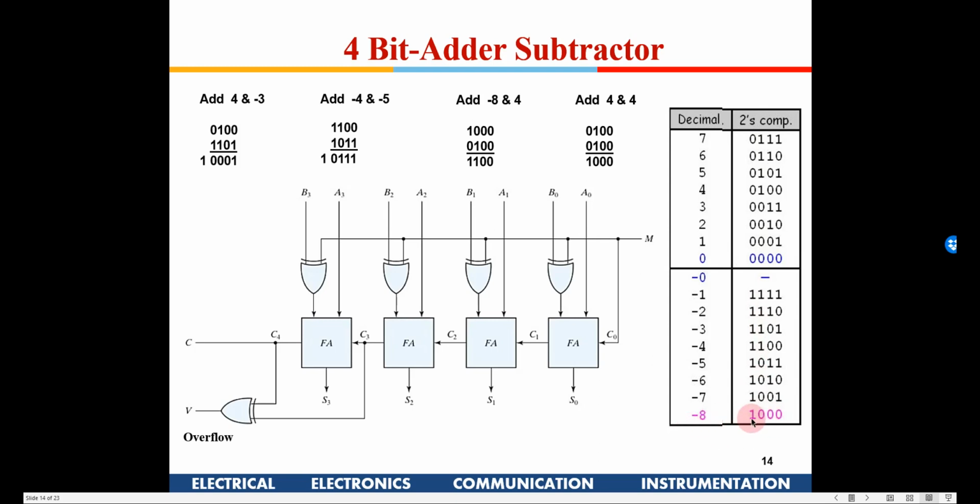If I take the inversion of this, it will become 0 1 1 1, and if I add 1, it will become 1 0 0 0. So this is -8. Remember, plus 8 cannot be represented because I am talking about only 4 bits. When I take only 4 bits in 2's complement method, the range of numbers which can be represented is from plus 7 to minus 8.